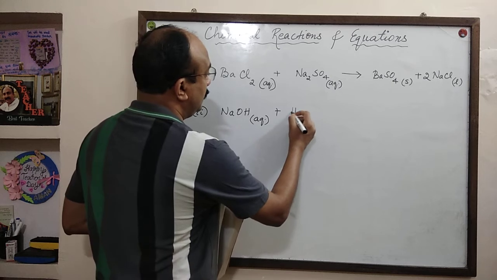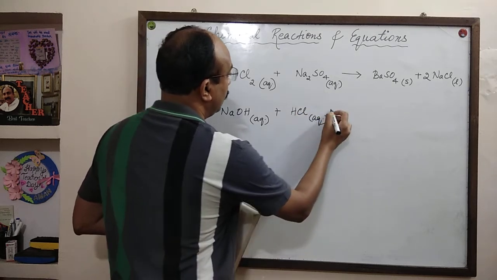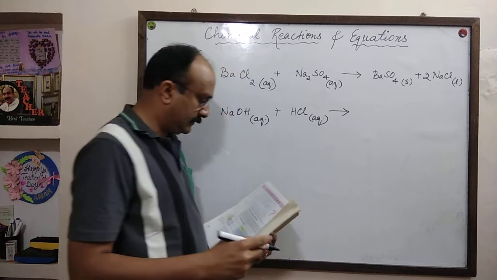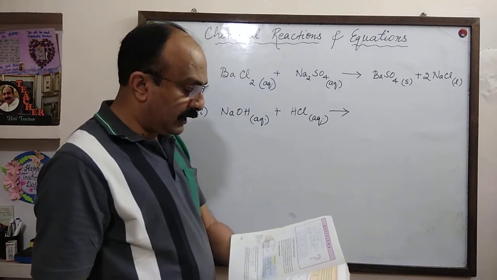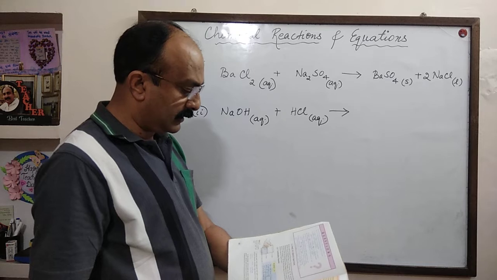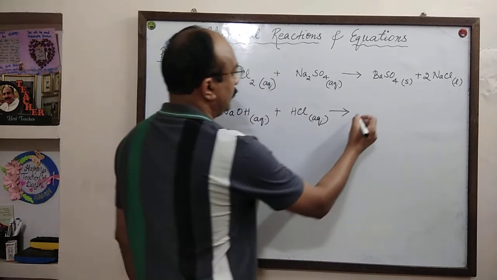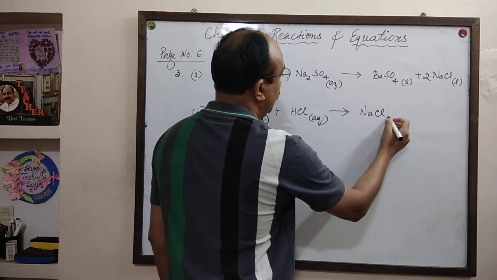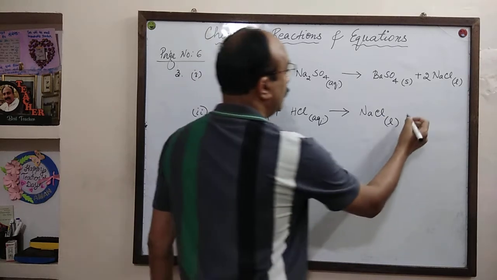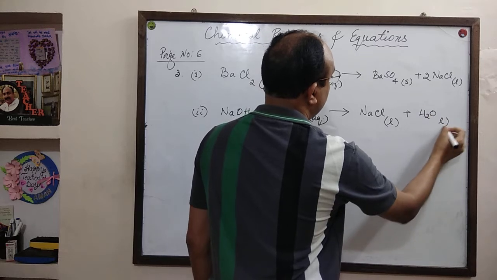Hydrochloric acid solution in water means HCl, again aqua. Gives to produce sodium chloride solution and water. Sodium chloride solution, NaCl, L for liquid, and water. Water is H2O, this is also L.